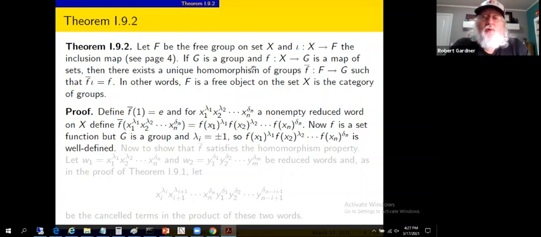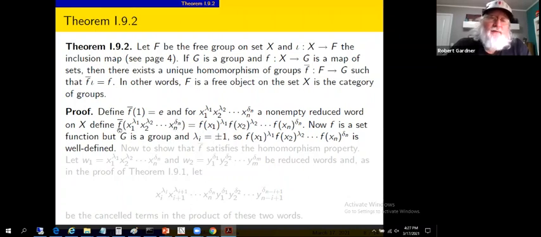This came with a group G, and F, a mapping of set X into G. These two things came to you. So F has been given to us, taking elements of set X and giving us out elements of group G. So F is defined on, in particular, x sub 1 through x sub n.